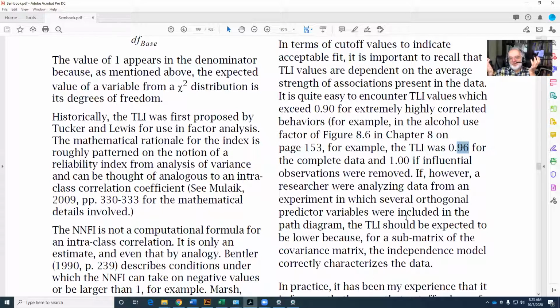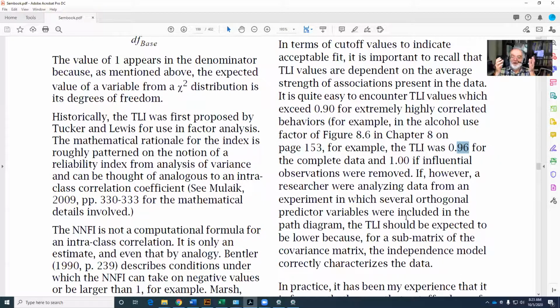And even another little caution on that is it also depends a bit on how your study is designed. So if you're doing a study where, say, your predictor variables are designed to be uncorrelated, so say you did a study where you looked at an equal number of men and women and an equal number of young, middle-aged, and old people, it's a balanced design, you're not going to get a TLI that's going to be really high, because by design, an awful lot of the variables in your study have zero correlation.